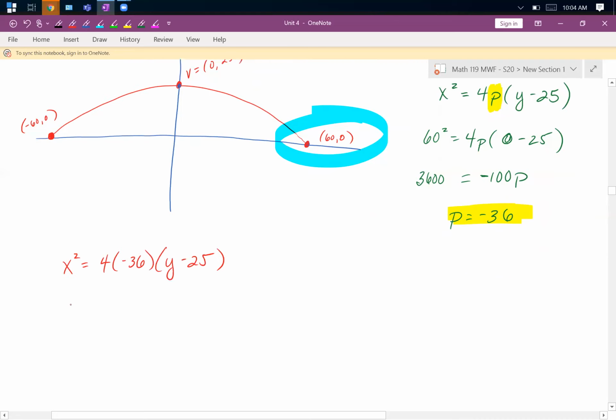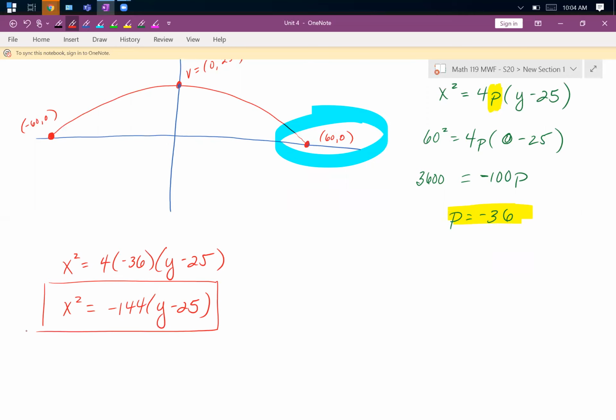We'll clean that up a little bit. x squared equals negative 144 times y minus 25. So there's the equation of our parabola that we're going to use to answer these questions. Any questions on getting the equation?